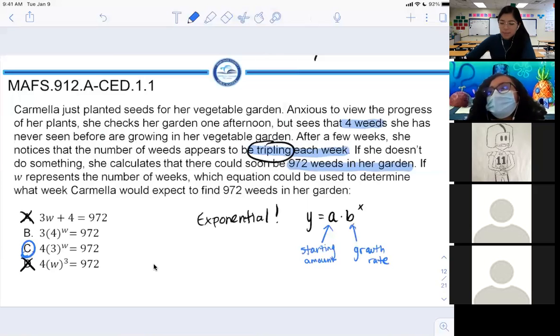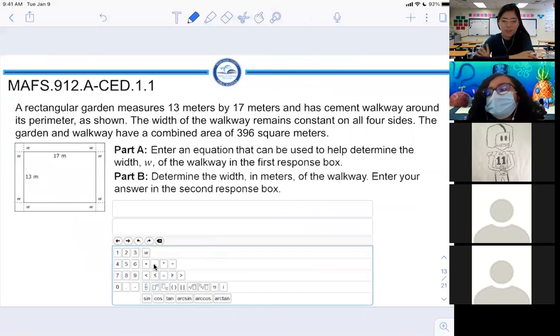All right, next up. Another one, another word problem. Anyone want to read this one? Tyrone, go ahead. A rectangular garden measures 13 meters by 17 meters and has a cement walkway around its perimeter. As shown, the width of the walkway remains constant on all four sides.